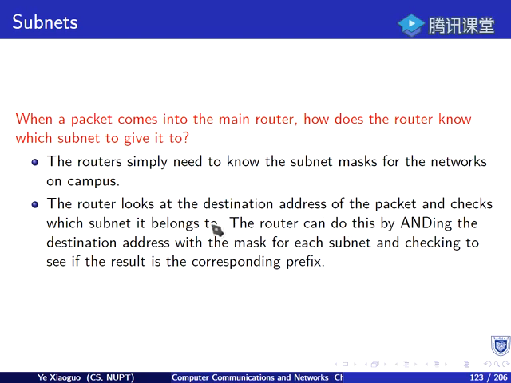The router can do this by ANDing the destination address with the mask for each subnet and checking to see if the result is the corresponding prefix. So the router can find the destination network and forward the packets to that one.